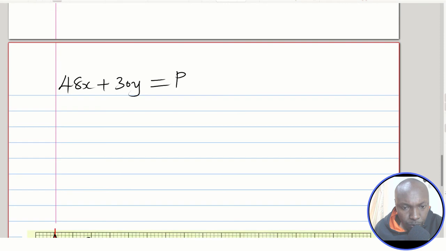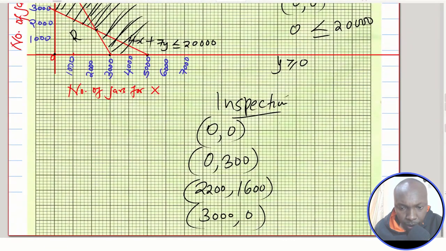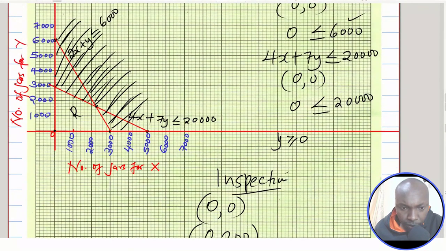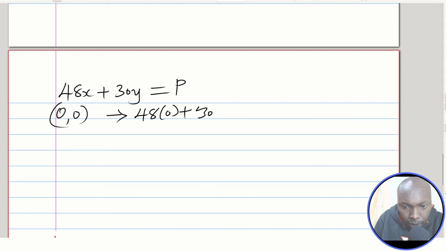And so we are going to test using the first point. I think I should create a table here. The first one is 0, 0. When you test 0, 0, you get 48 times 0 plus 30 times 0, so this one will give 0.